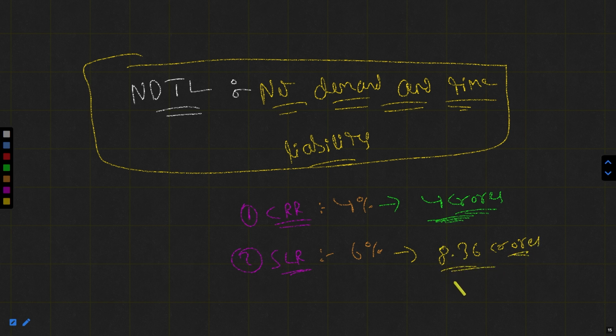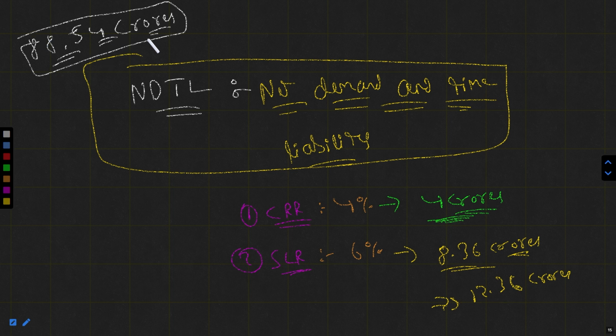All right. Okay. So if we merge this, we will find that it's 12.36 crores. If we deduct it from the entire value, we will find 88.60, or you can say 54 crores.